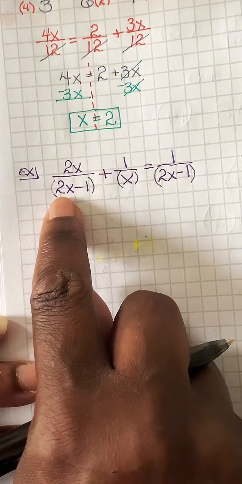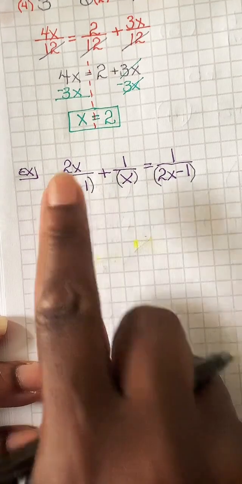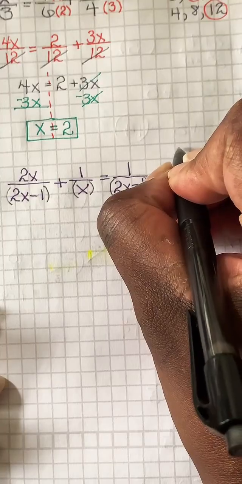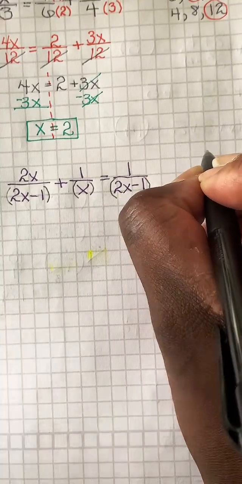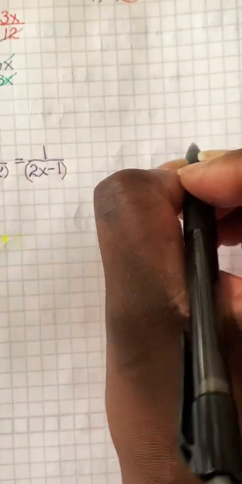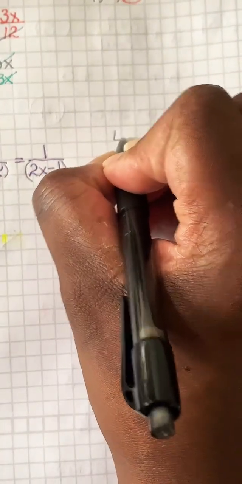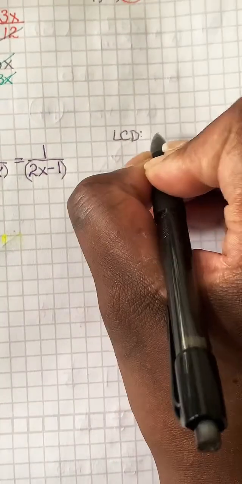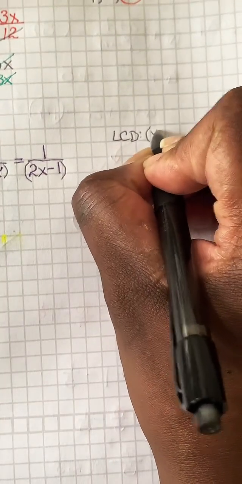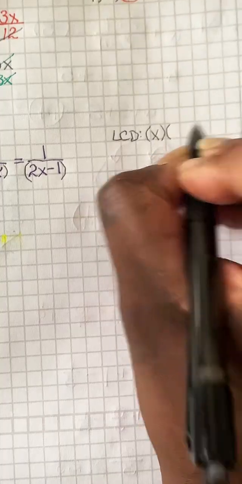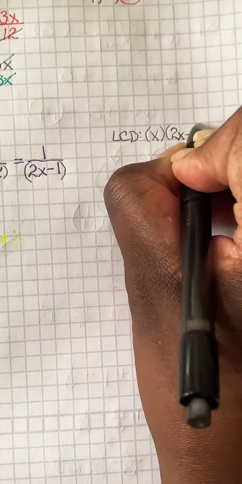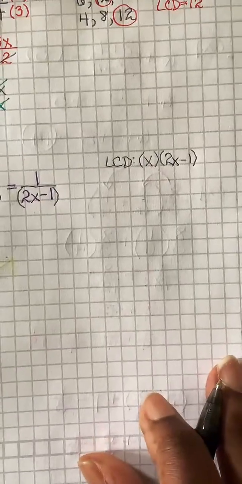Right now that x is with this 2. So my LCD, and I know it's going to look crazy, just follow along, in this case is going to be that lonely x and that 2x minus 1.